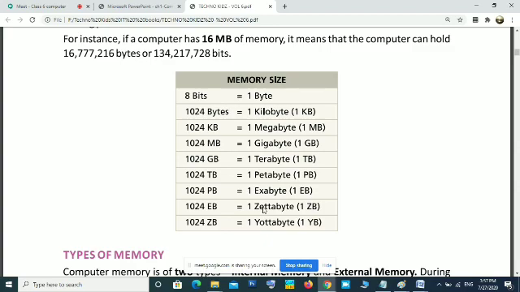In olden times, this much size was not available in the market. Only 1 or 2 MB was available several years back. After that, so many improvements came in the computer field, so memory also increased. When you buy a mobile phone now, it has 32 GB or 64 GB or 128 GB of memory.